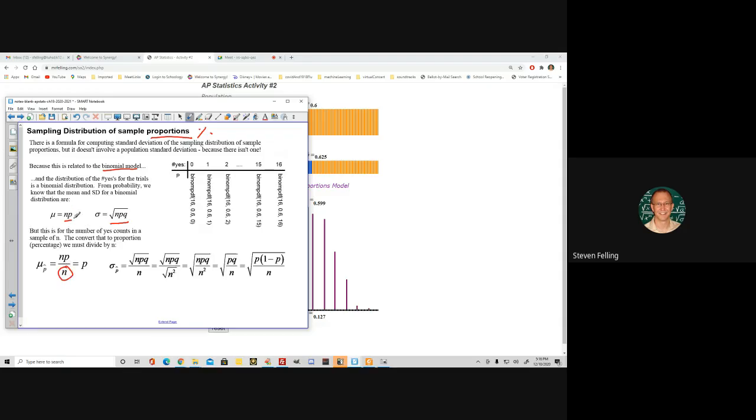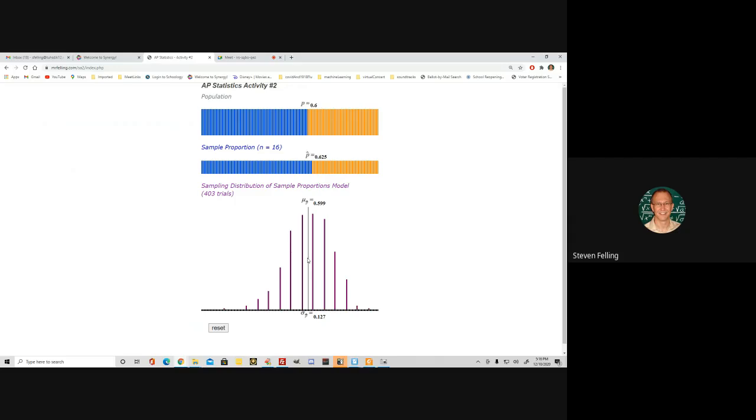So if I take np and divide it by n, then I'm finding the fraction of people who have brown hair. This is the expected number of people who have brown hair, divided by n gives me the percentage. The n's cancel and it's p. And that's the reason why the center of this envelope is centered right here at close to 0.6. Because if 60% of the people have that, that's the expected value. So if I just divide that by 16, then 60% should be the center of this distribution.